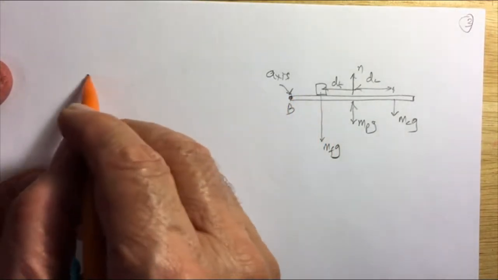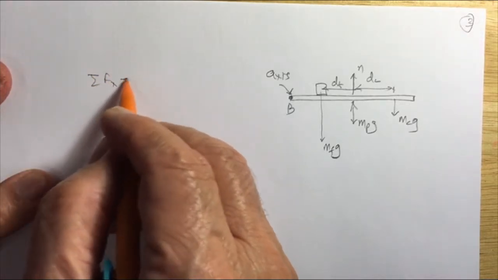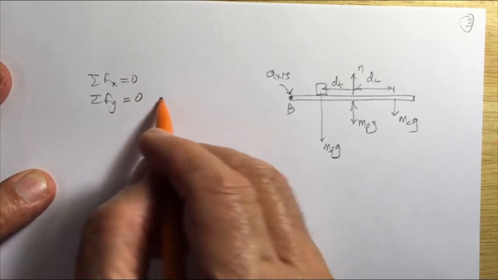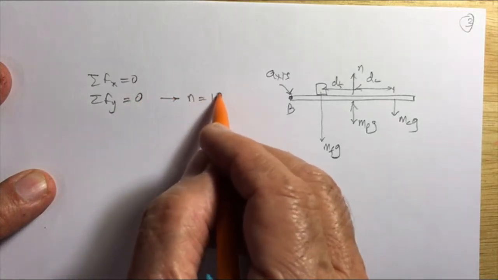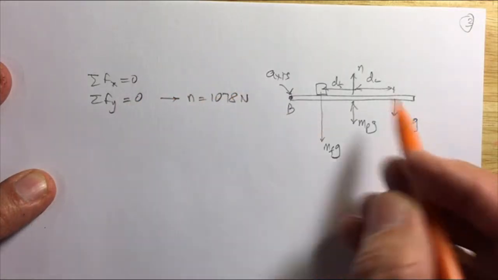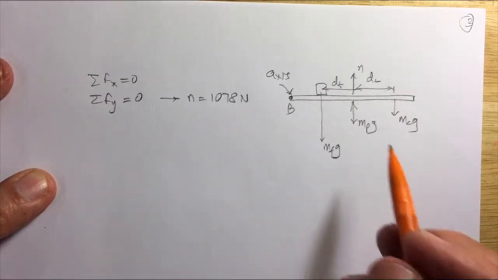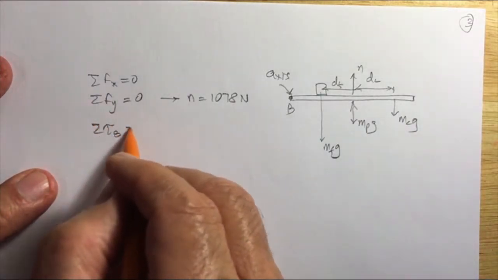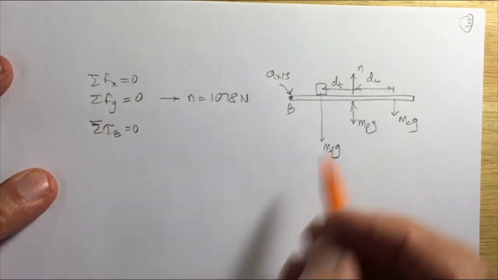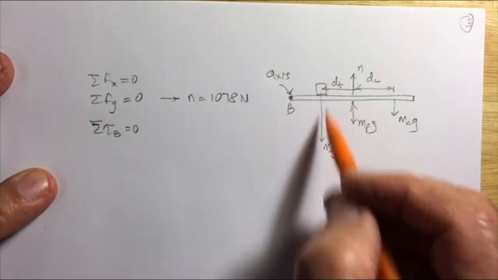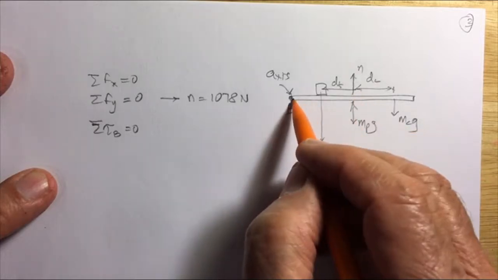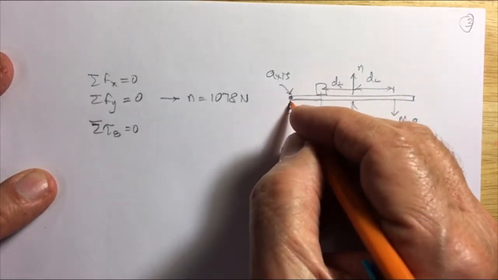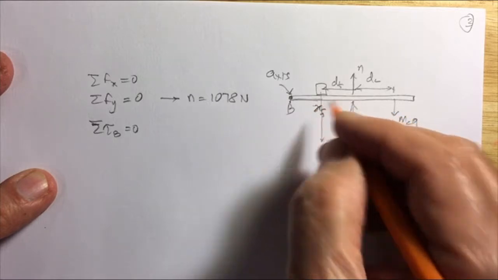Okay, so the sum of the forces in the x is still 0, the sum of forces in the y is 0, and that will again give the normal force as 1078 newtons, because there's no difference in this case, the axis doesn't matter. And now we find the torques about the axis B. The first force is this one, and the distance is now this, which we call x father.